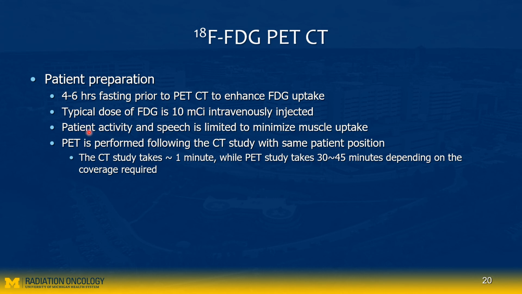And the patient's activity and speech have to be limited, okay, to minimize muscle uptake. Okay, and then PET is performed, followed by a CT scan with the same patient position. As you all know, CT only takes less than a minute to scan. However, a PET scan usually takes 30 minutes, or as long as 45 minutes.